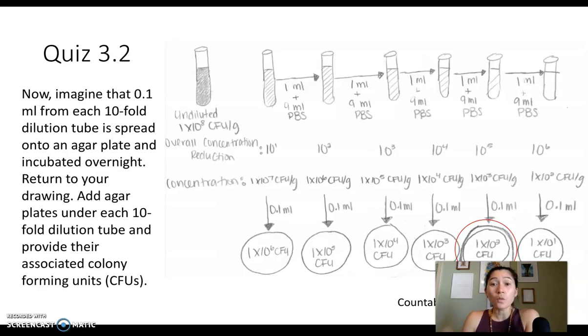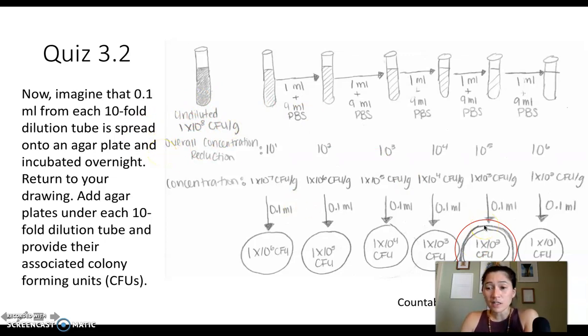And one more thing to mention about this plate in the significantly countable range, we need to identify this one because this is the plate we then want to use to do our back calculations to figure out, or confirm, how much was actually in that original tube, what the original concentration was.